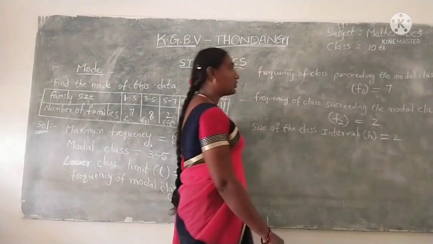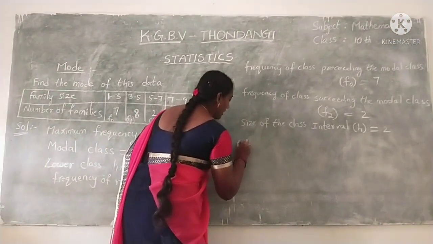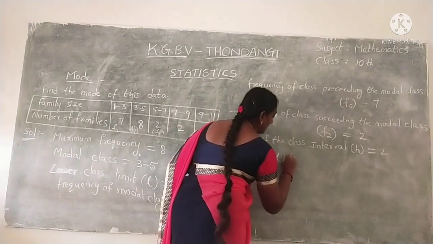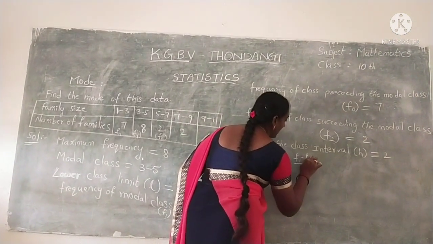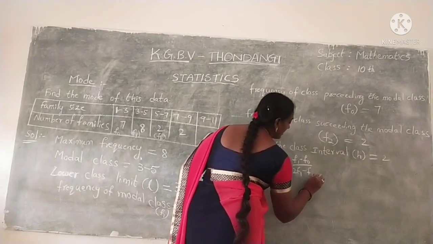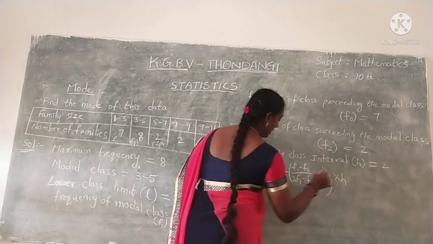Now we substitute all these values in the mode formula. Mode equals L plus (F1 minus F0) by (2F1 minus F0 minus F2) into H.